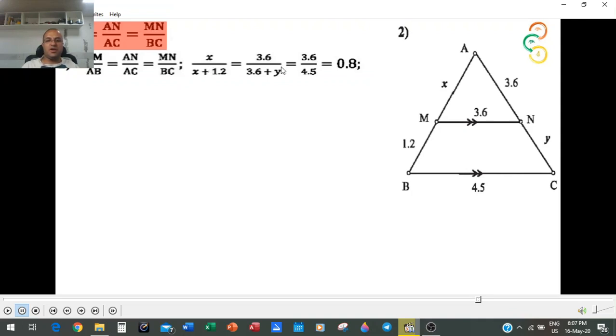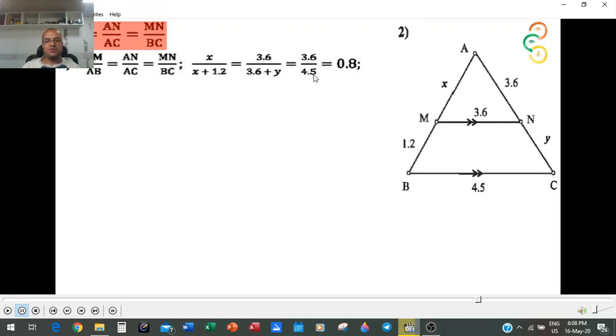AM is X over AB, this is AB from A to B, which is equal to X plus 1.2. So instead of AB, we put X plus 1.2. AN equals 3.6 on the figure, and over AC, which is equal to 3.6 plus Y, AN plus NC, equal to MN over BC, which is 3.6 over 4.5.